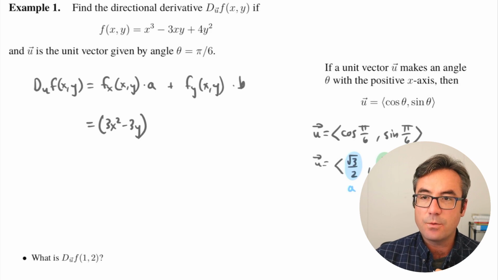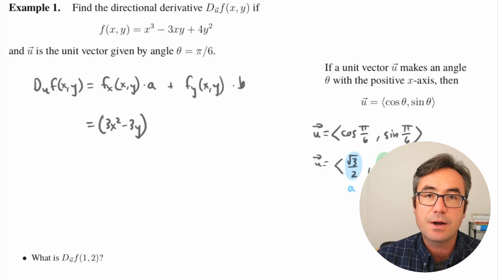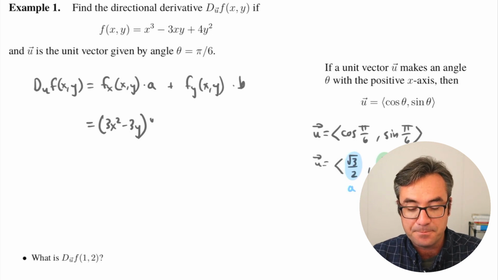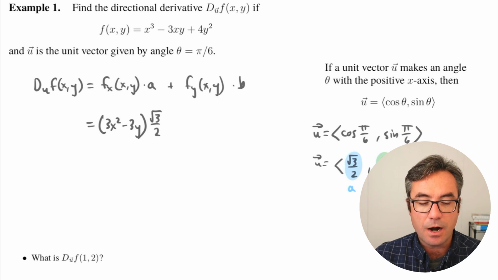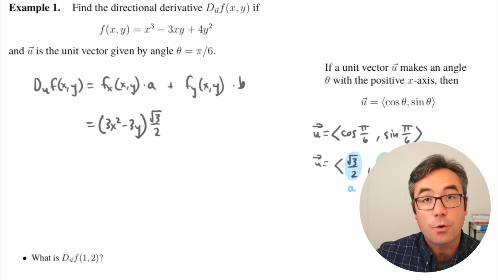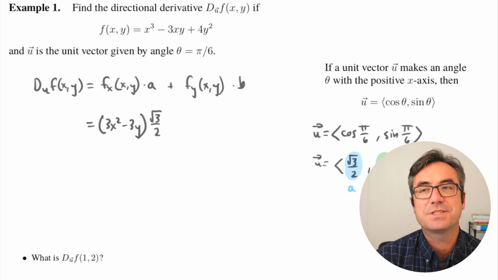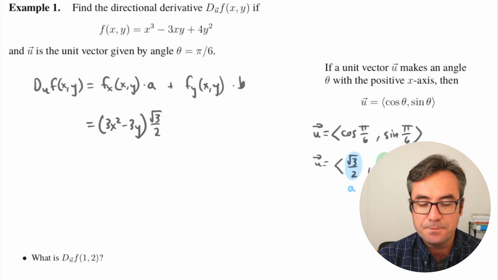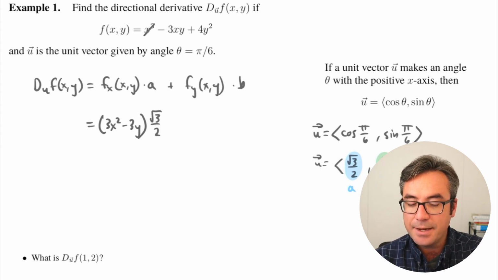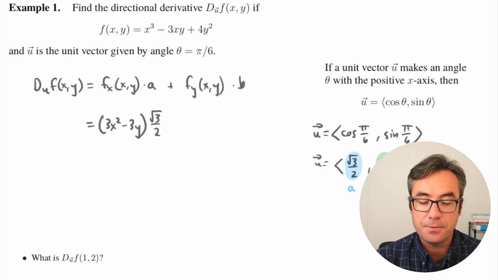And then while we're at it, let's fill in the a value. So the a value is this square root 3 over 2. So we fill that in. And then we play the same game for our y partial derivative. It doesn't hurt to pause the video for a second and try to get it yourself. But when we do our y partial, first term, there's no y, so that's just going to differentiate to 0.